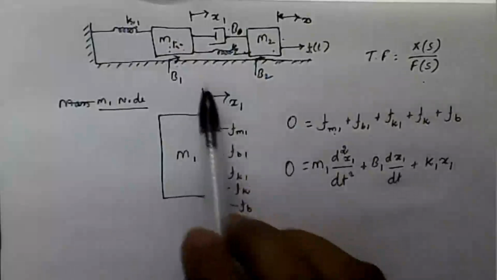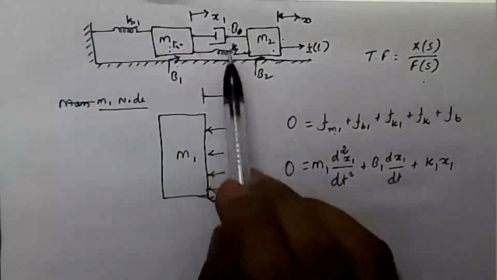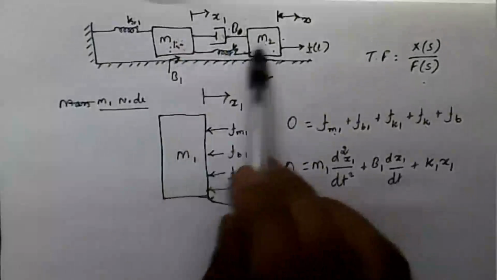Then the remaining two elements are common to these two nodes.